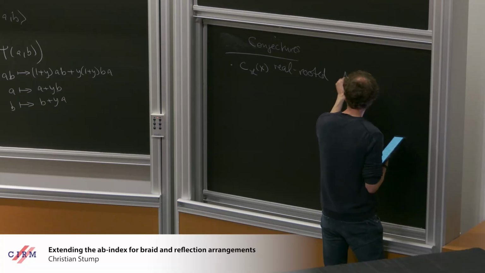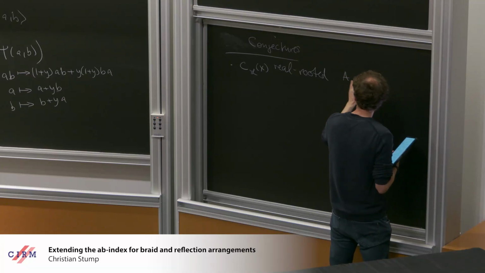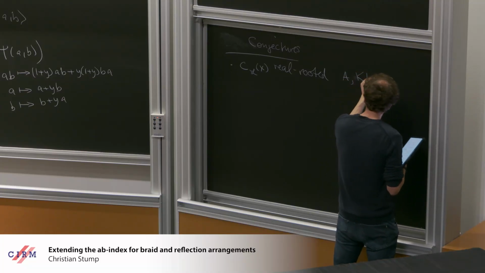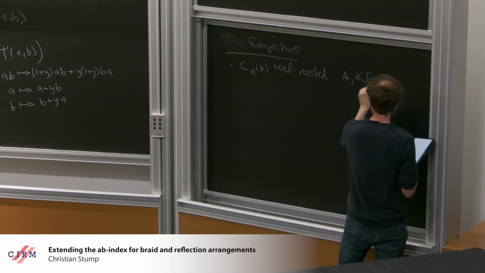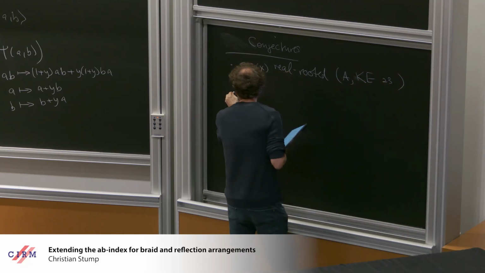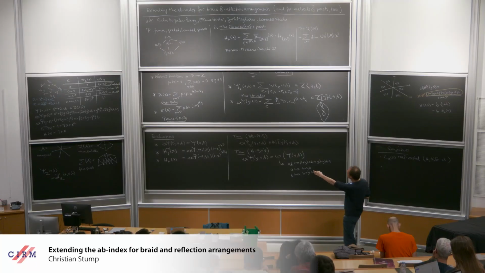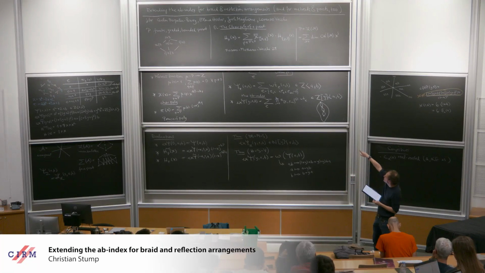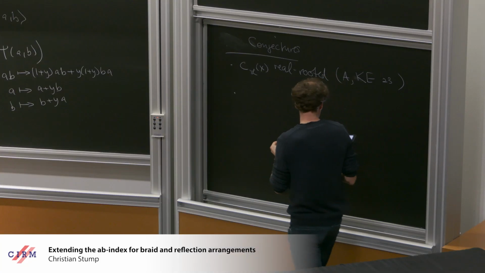This is Athanasiadis and Kalampogia-Evangelinou in 23. Of course, the chain polynomial is also an evaluation of the extended AB index by construction. It's even an evaluation of the AB index itself. So this is real rooted.